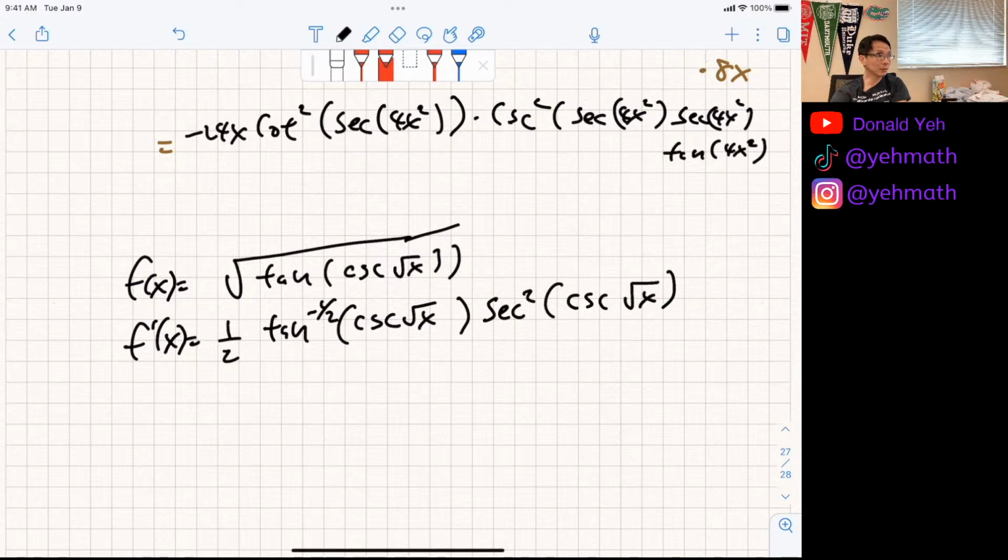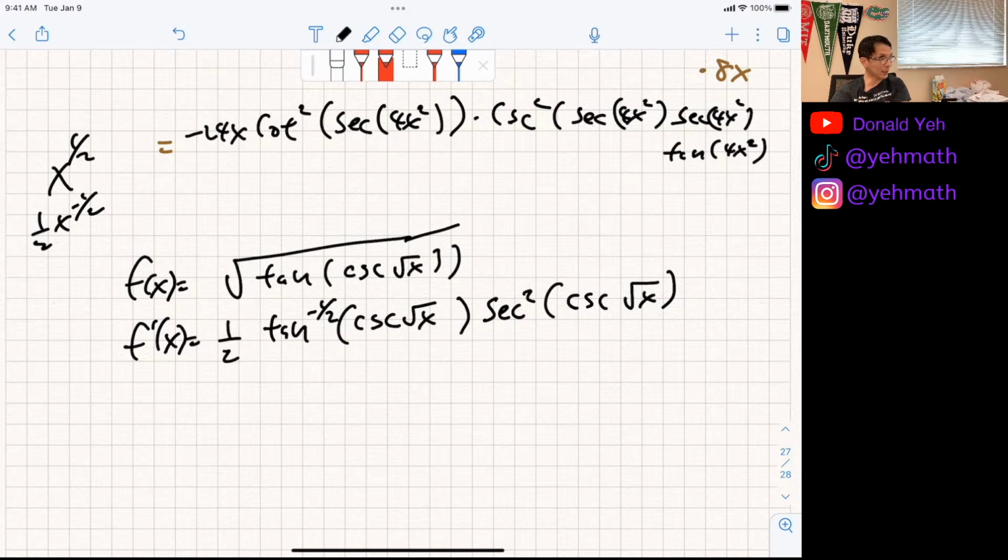Am I doing okay? Because I just take here the 1/2, and then it's gonna be negative 1/2. The negative one now, because that's the derivative of x to the 1/2. So 1/2 x to the negative 1/2.